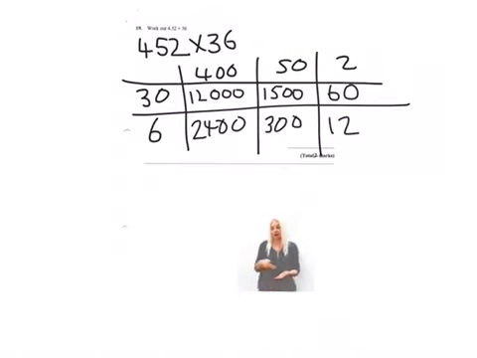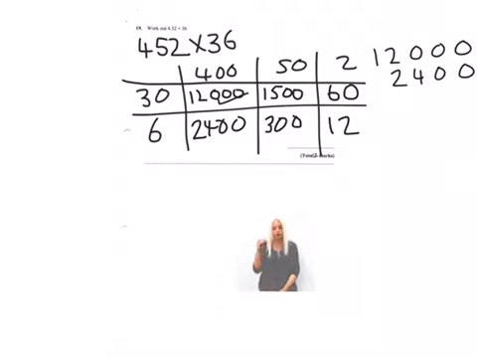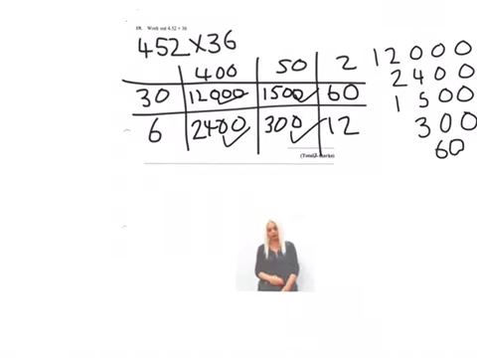Then all I'll do is add these up, making sure that I've got my place values nice and obvious. So if I just get rid of this bit over here. So I've got 1, 2, 0, 0, 0. Can you see how I've left nice big gaps? So that's that one ticked off. 2, 4, 0, 0. Tick. 1, 5, 0, 0. 3, 0, 0. 60 and 12.